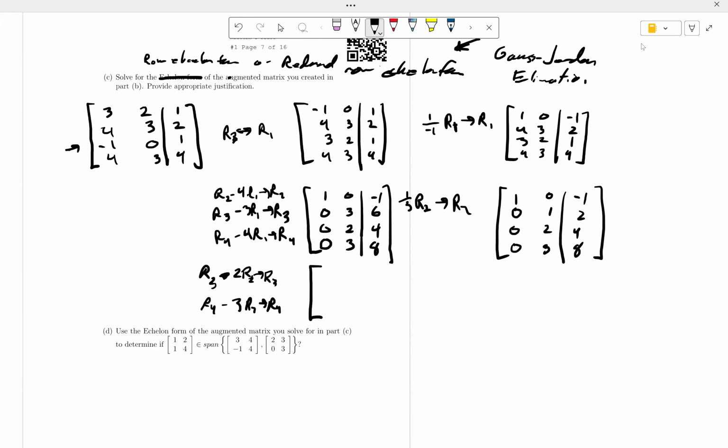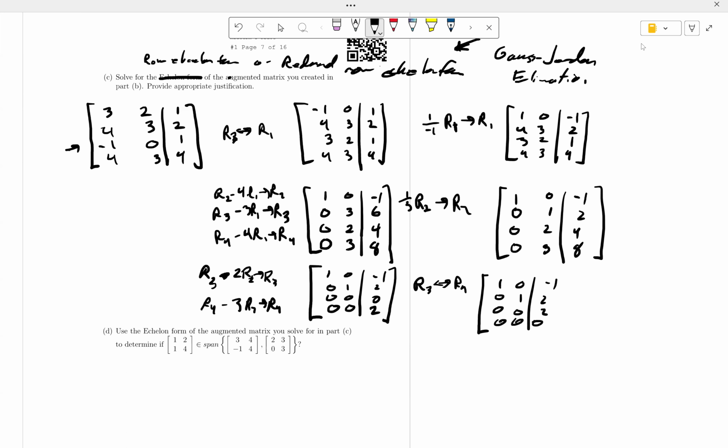This gives me 1, 0, -1, 0, 1, 2, 0, 0, 0, 0, 0, 2. Swapping R3 with R4 gives 1, 0, -1, 0, 1, 2, 0, 0, 2, 0, 0, 0.